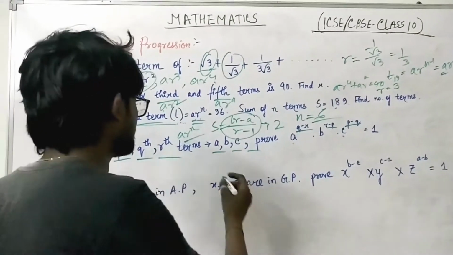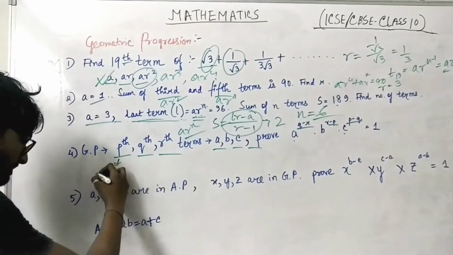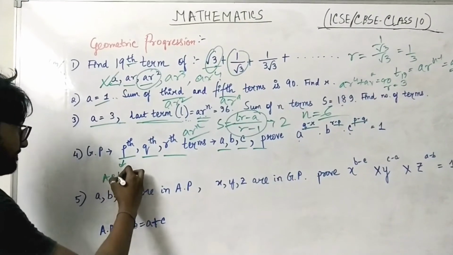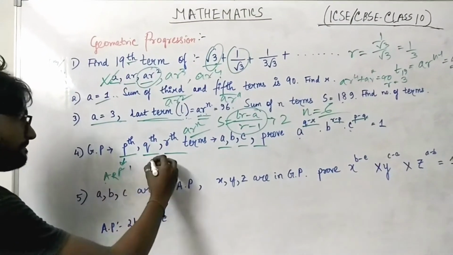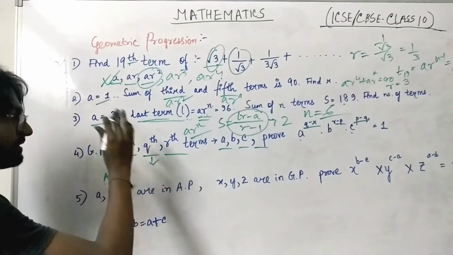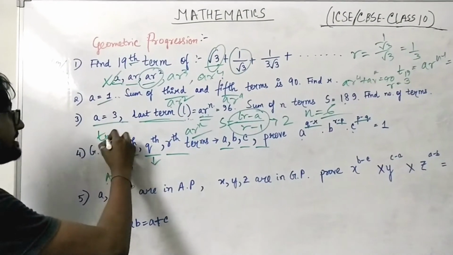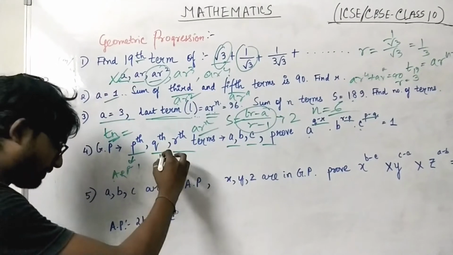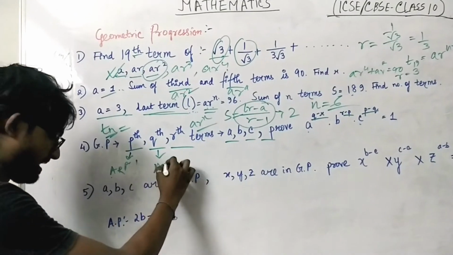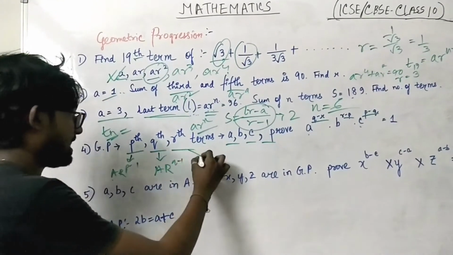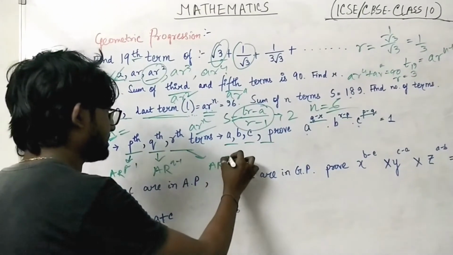The Pth term will be A R to the power P minus 1, where A is the first term, according to the formula Tn. The Qth term will be A R to the power Q minus 1, and the Rth term A R to the power R minus 1.